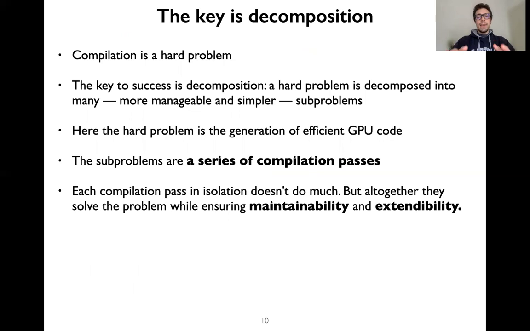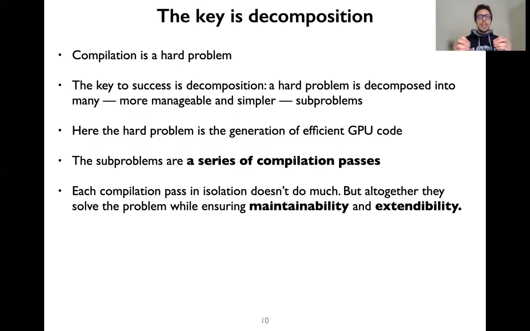Devito is a compiler, and like every compiler, it essentially produces low-level code by applying a series of transformations, a series of compilation passes. And Devito does exactly the same. We have a hard problem, which is the generation of GPU code.